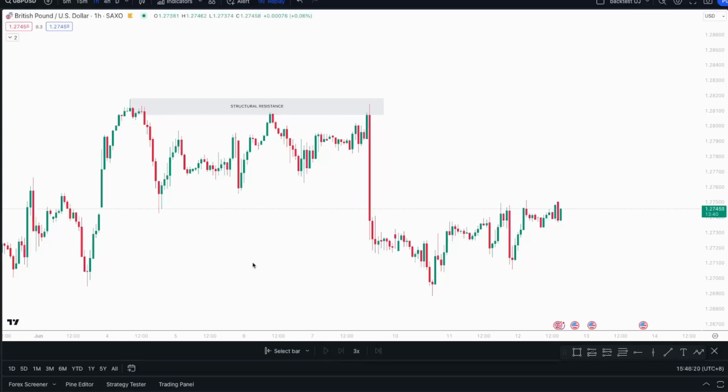It's an area. And there are three types of support and resistance. The first one, being the strongest, is structural, then the consolidating support and resistance, and lastly the candlestick support and resistance. Hopefully you have a better understanding now of the different types of support and resistance, and you can apply it onto your chart and into your trading.